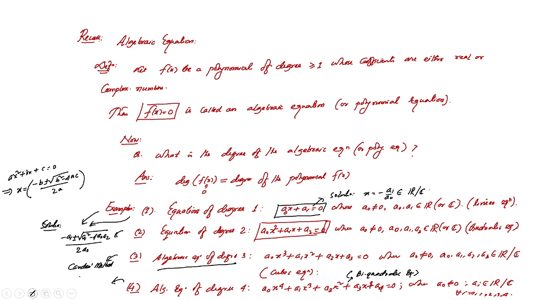By using Ferrari's method, we can solve any equation of degree 4. For equations of degree 5 and degree 6, we need to think about more algebraic structure. We will discuss it later if we have some time.